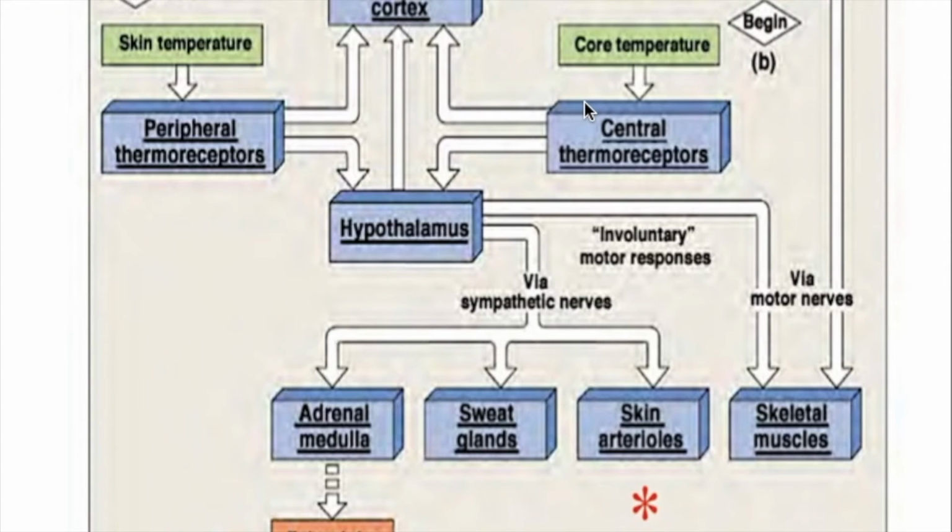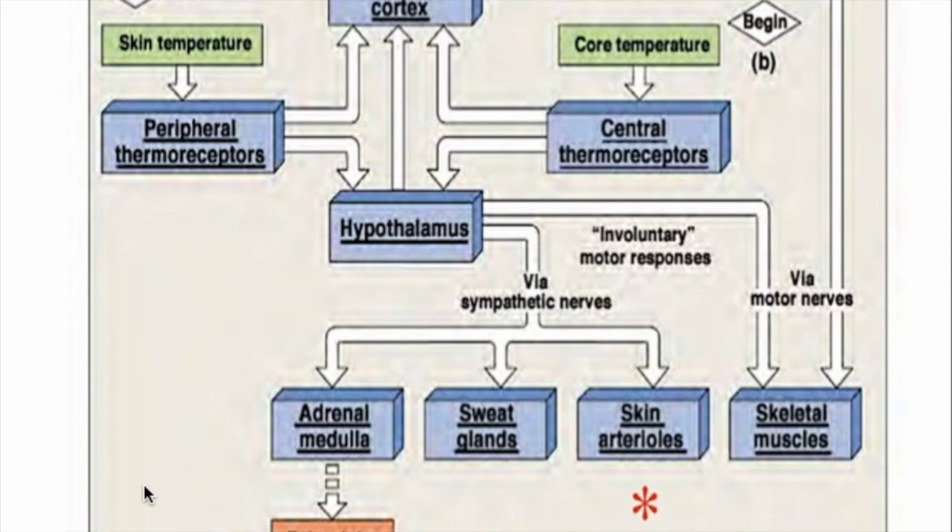So when the signals reach the hypothalamus, it takes appropriate actions and sends orders to the effector organs. And these effector organs include the adrenal medulla, which releases epinephrine to increase the metabolic rate and hence increase the heat production.